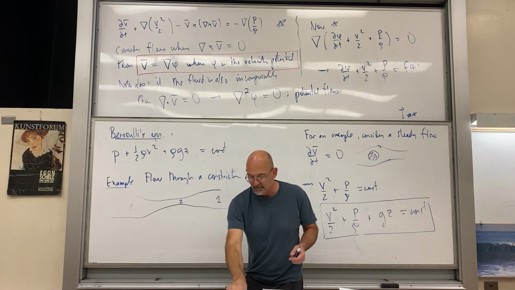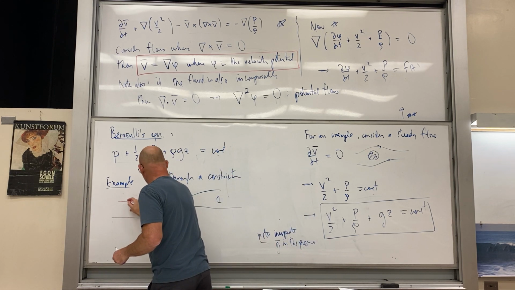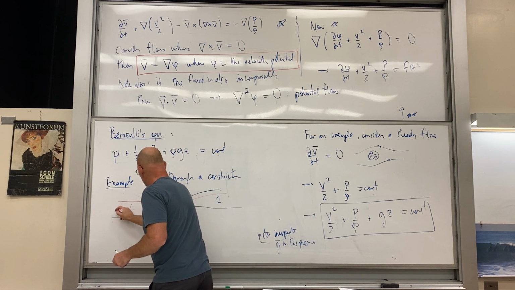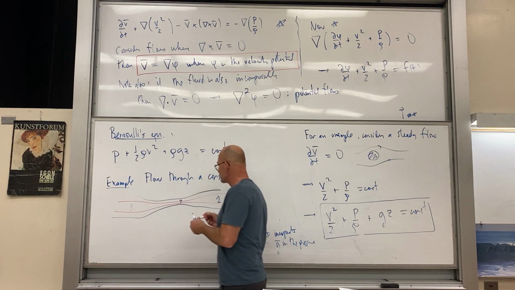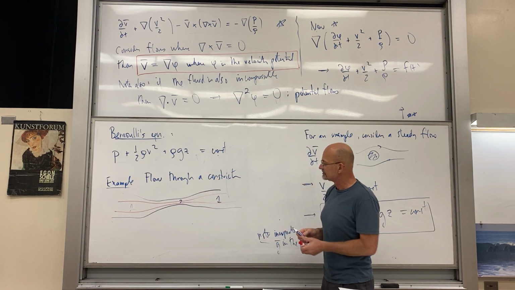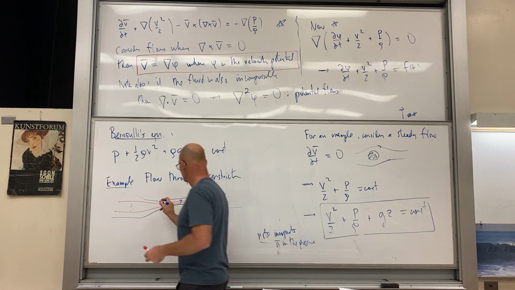We're talking about flow, which I'll make red. We've got a streamlined flow through a constriction. What happened over here?